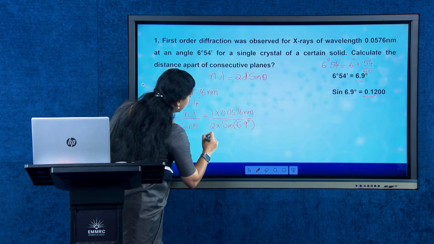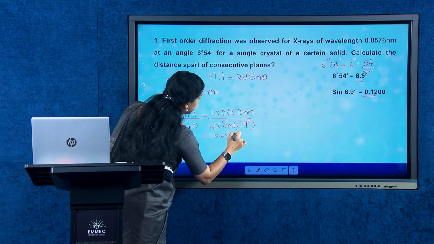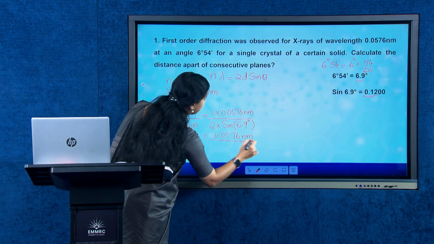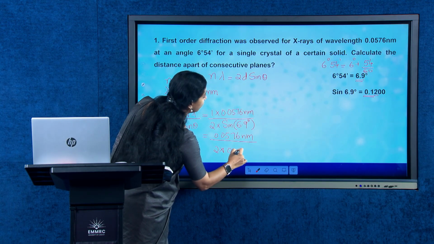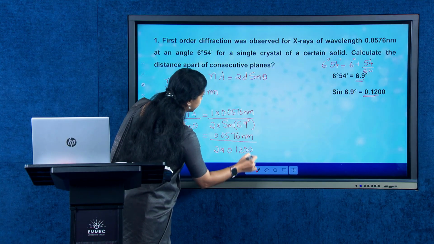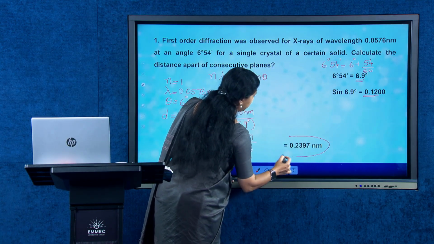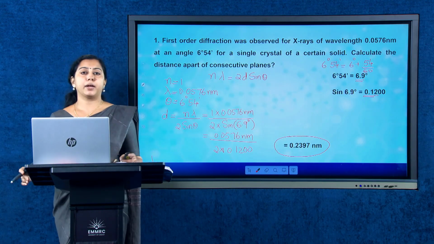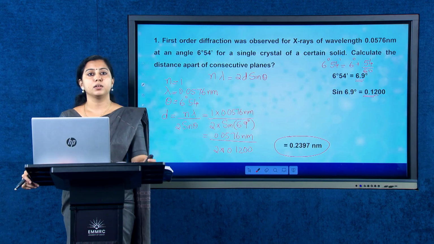So, that is equal to 0.0576 nanometers divided by 2 into 0.1200. So, this will be equal to 0.2397 nanometers. So, using Bragg's equation, we can also calculate the distance between the lattice planes.